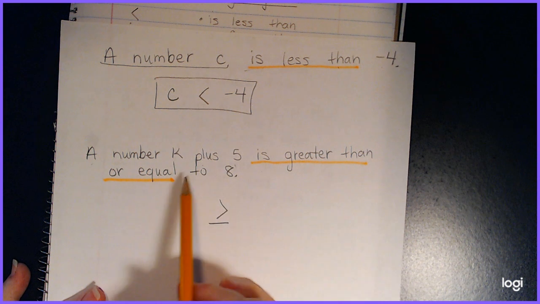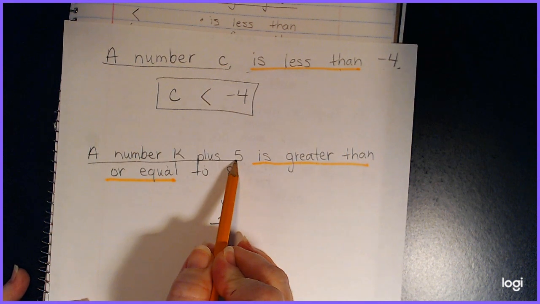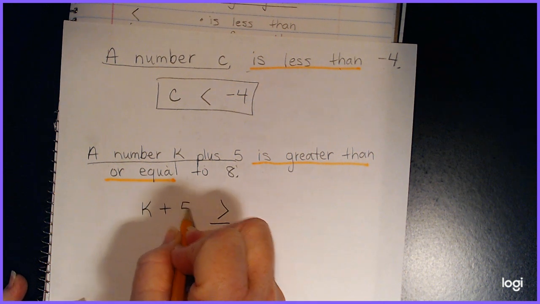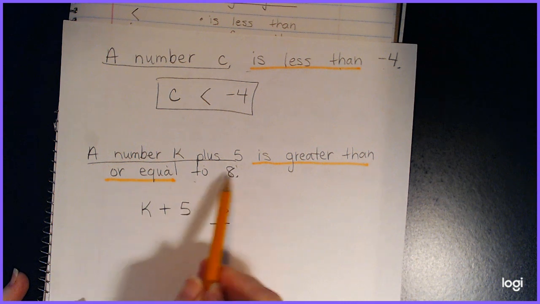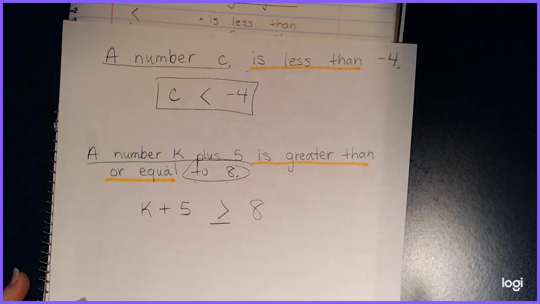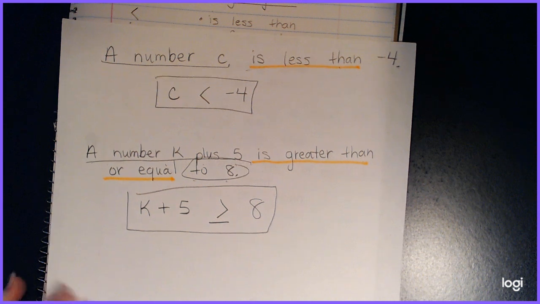All right, so a number K plus 5 is greater than or equal to, and the number is 8. And so my inequality is written like this.